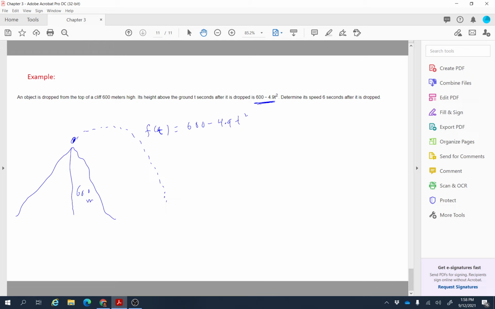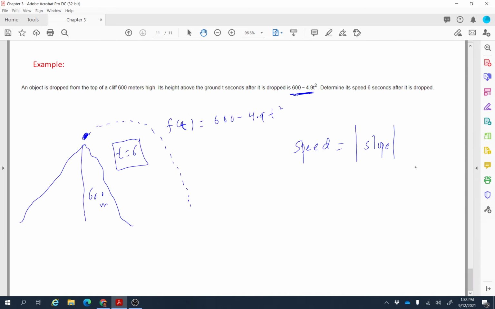So when t is 6 seconds, what is the speed of this object? One thing you have to keep in mind is that speed is the absolute value of the slope of the tangent line. Velocity means the derivative, but speed means the absolute value of the derivative, or the slope of the tangent line at that point.